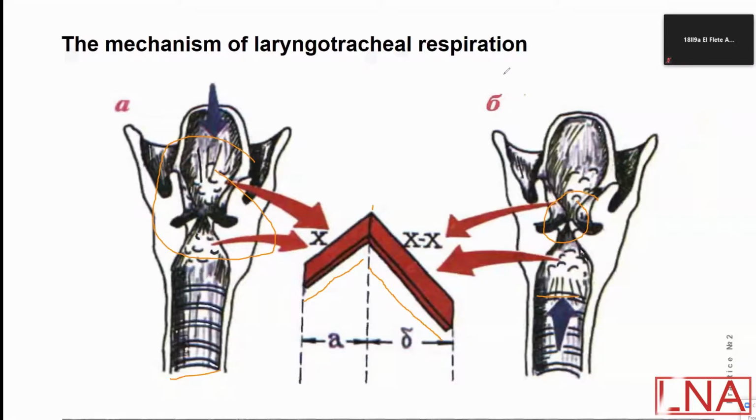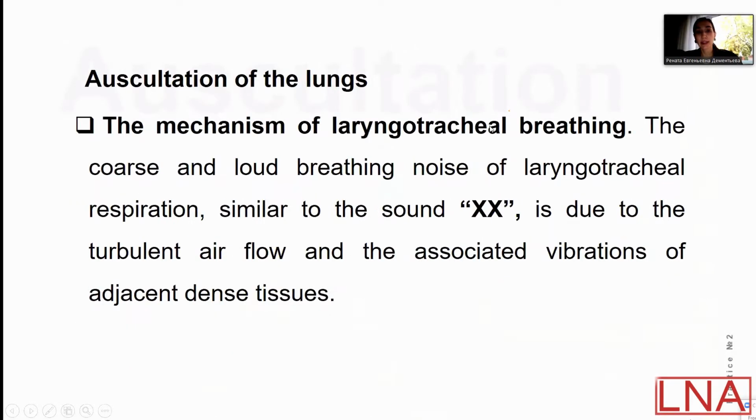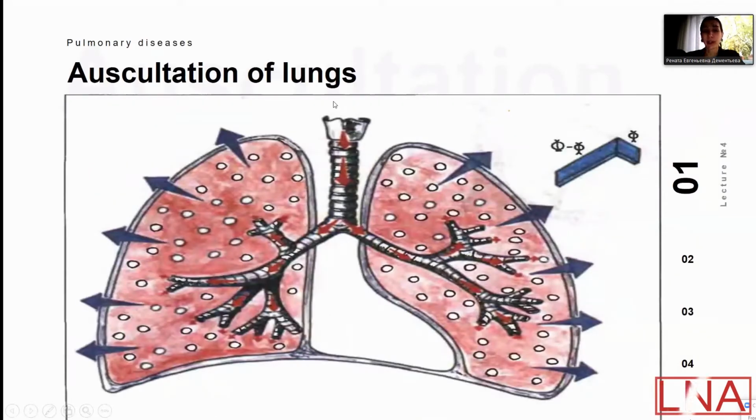Right now, let's return to the slide about vesicular breathing. We discussed right now that there is a place for formation of laryngotracheal breathing, yes. Normally, it passes through the trachea, then through the main bronchi of different calibers, and that is the way of providing this laryngotracheal breathing.